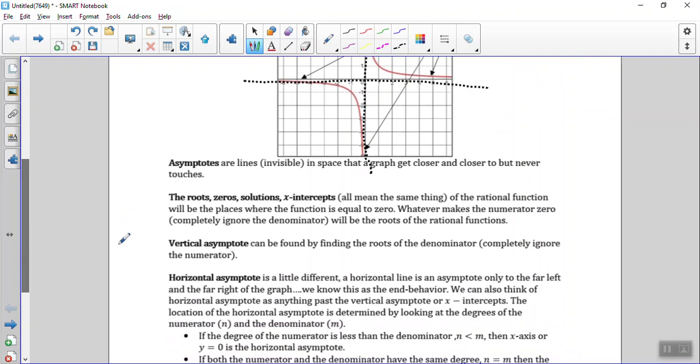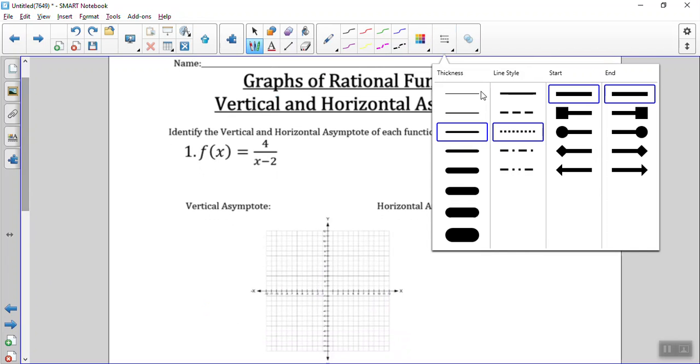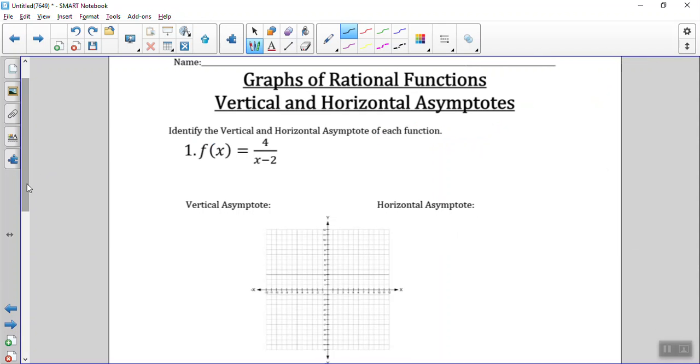And here's some more stuff that I wrote about vertical and horizontal asymptotes, but let me show you how we find them using a Desmos calculator. Desmos, you know, it's really wonderful for graphing and analyzing graphs. So the question's asking you to find the horizontal asymptotes and vertical asymptotes.